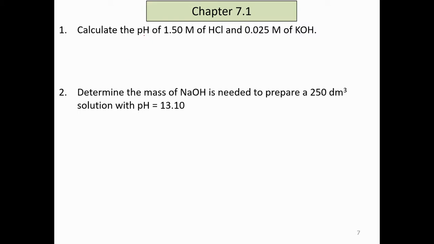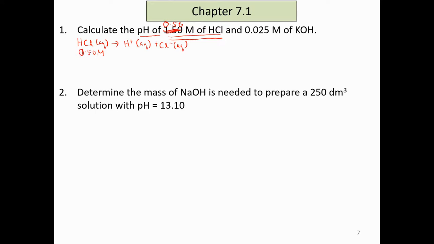Now let us look at one example of how to calculate the pH of a strong acid. If we have HCl, it will completely dissociate in water and become H plus and Cl minus. If we have 1.5 molar, okay, I want you to change it to 0.5.